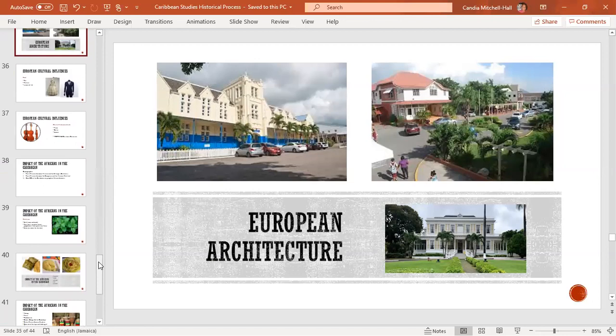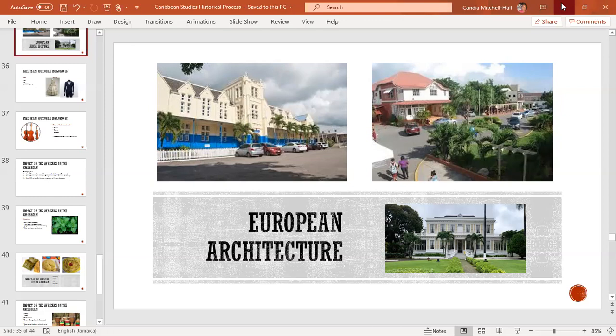Curacao. Has anybody ever been to Curacao before? Nobody has ever been to Curacao? No, sir. All right.